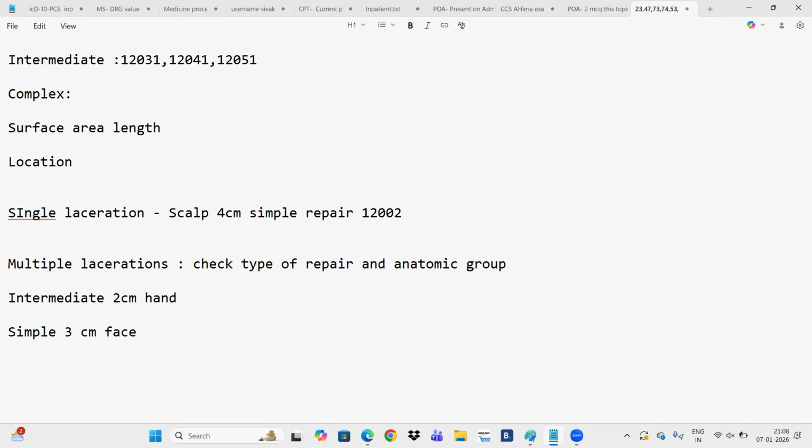12031 and 12051. What is the code for 2 centimeter hand? 12031. 12033 was excluded.